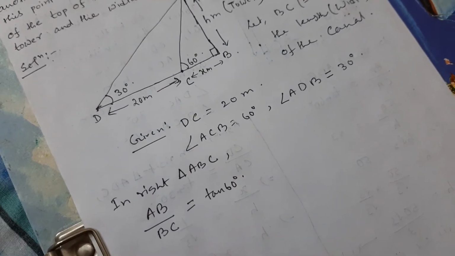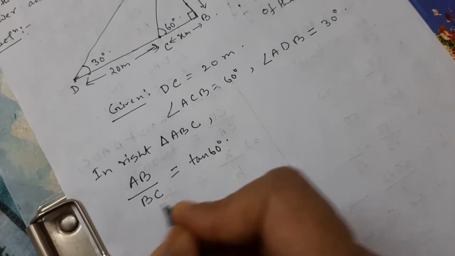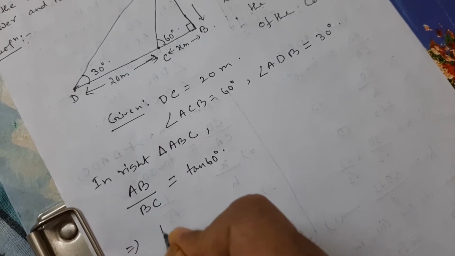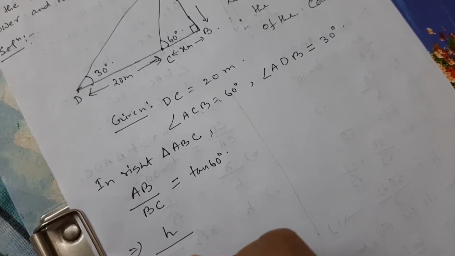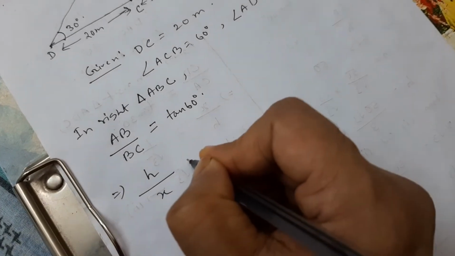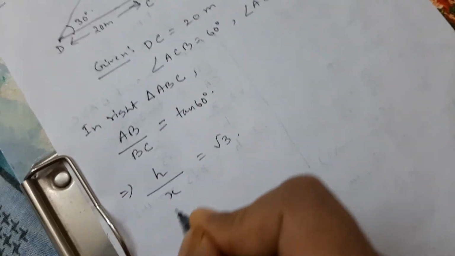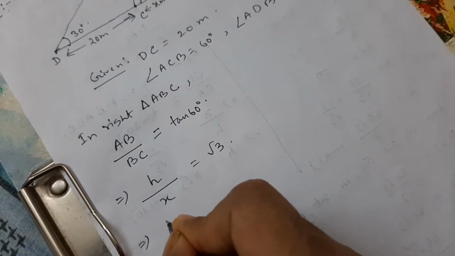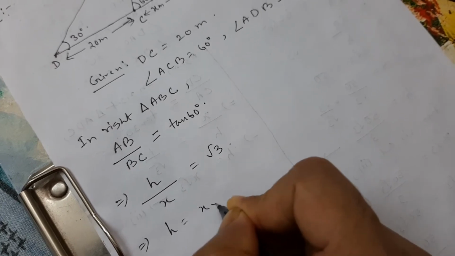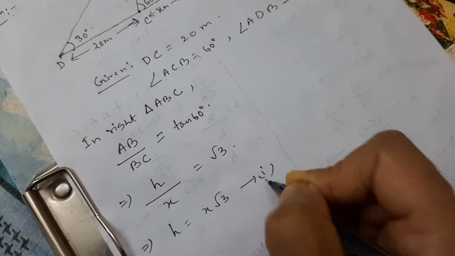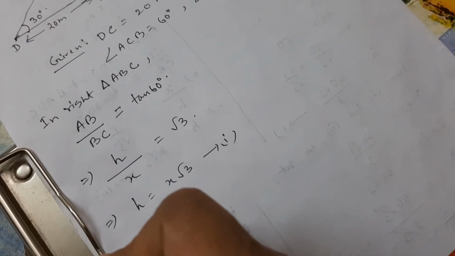In triangle ABC, angle is 60 degree. So AB is h meter and BC is x and tan 60 is √3. So cross multiply, h is equal to x √3. This is number 1.